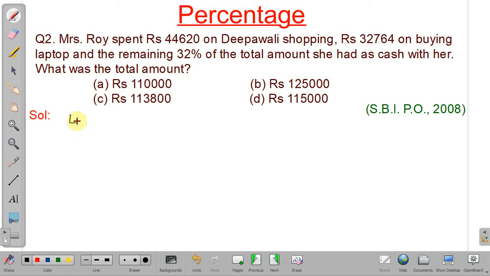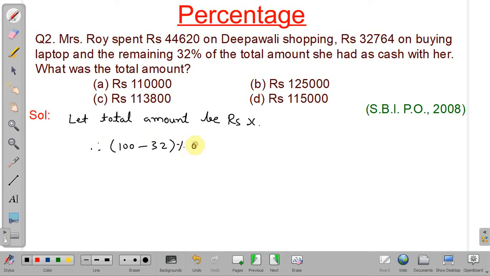So we will assume let the total amount be rupees x. Okay, so she had 32% remaining, so she spent 100 minus 32%.